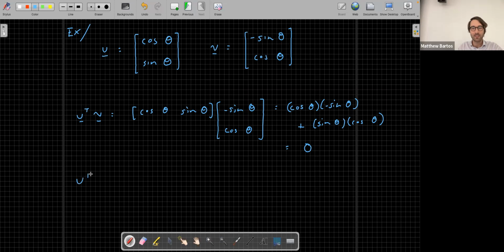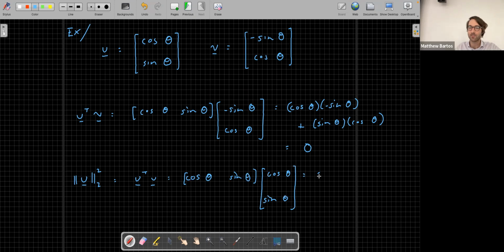So let's take the norm of u, and let's just look at the norm of u squared. We have that this is equal to u transpose u, which is equal to cosine theta, sine theta, inner product with cosine theta, sine theta.